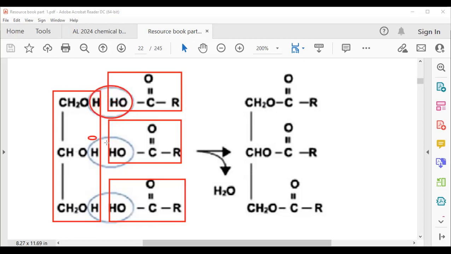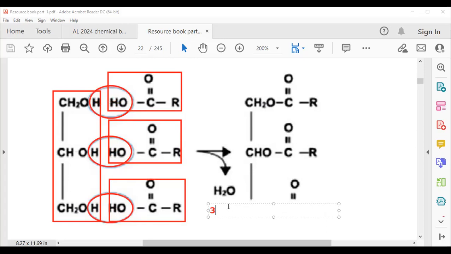Here you can see they are reacting, H of the glycerol and OH of the fatty acid, to form a water molecule. How many water molecules will be formed in this manner? Three. So we have to write 3 in this place.